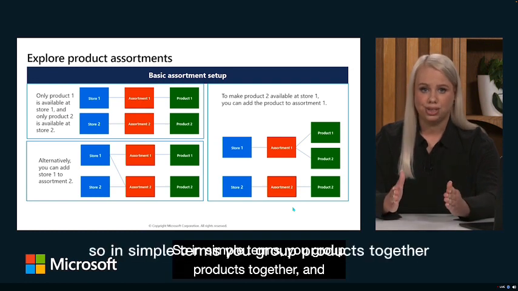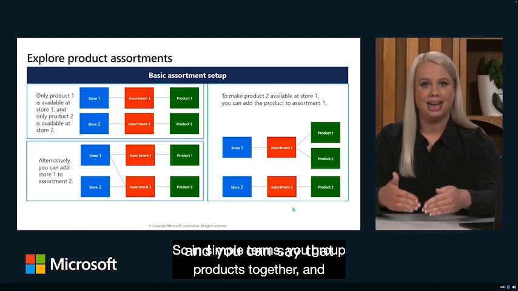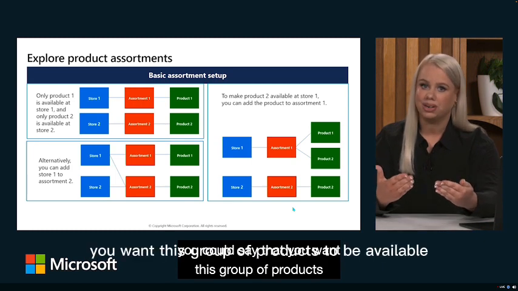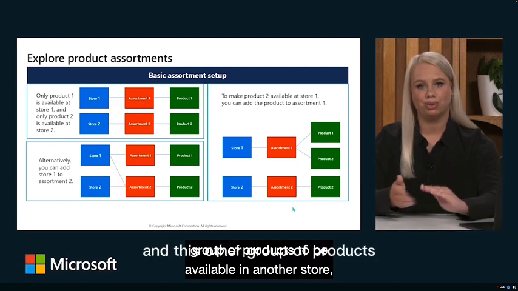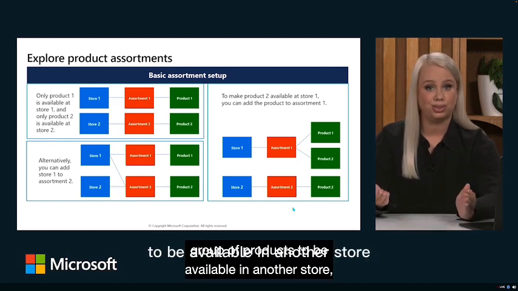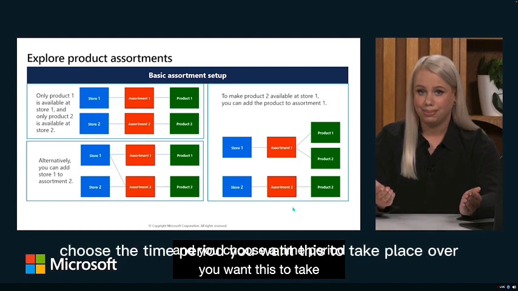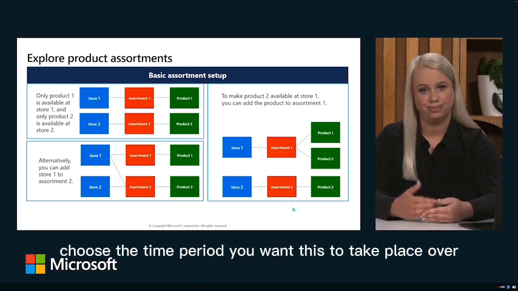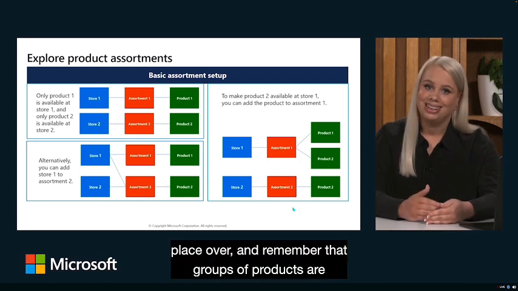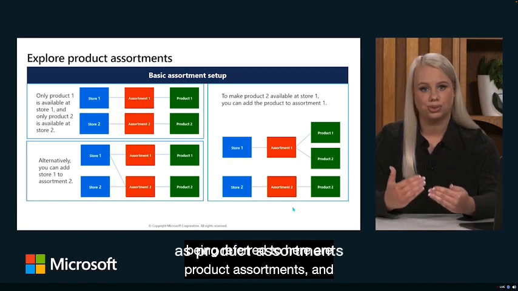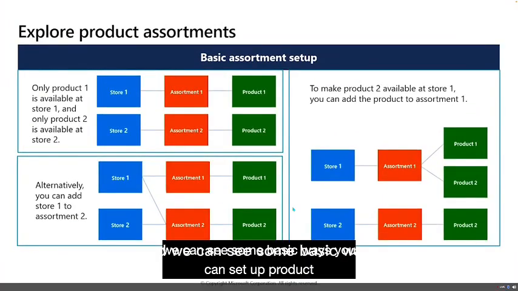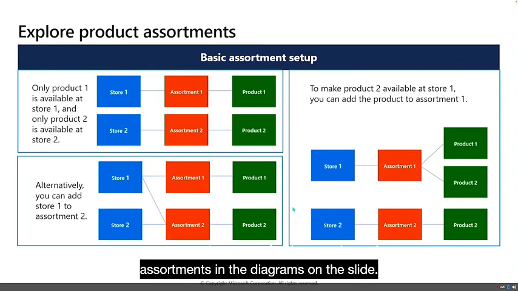So in simple terms, you group products together and you can say that you want this group of products to be available in the city store and this other group of products to be available in another store. And you choose the time period you want this to take place over. And remember that groups of products are being referred to here as product assortments. And we can see some basic ways you can set up product assortments in the diagrams on the slide.